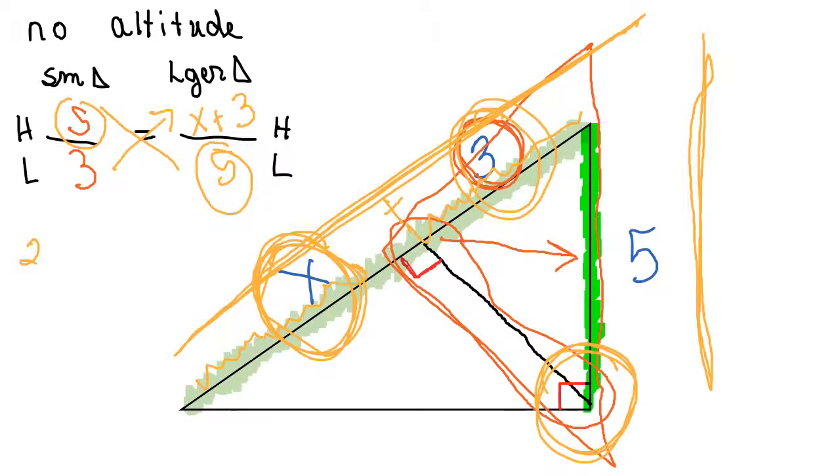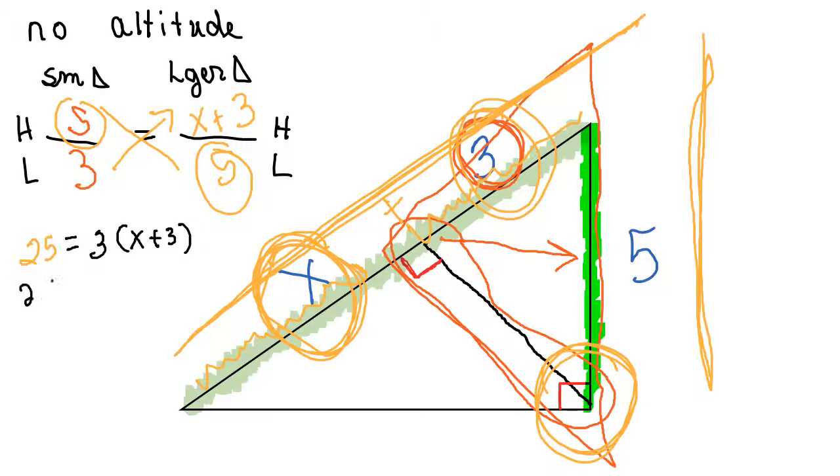5 times 5 is 25, plus, I'm sorry, not plus, so I'm going to have to use my whiteout. That's me using whiteout. And, oh, let's go back here. Equals the 3 times the x plus 3.